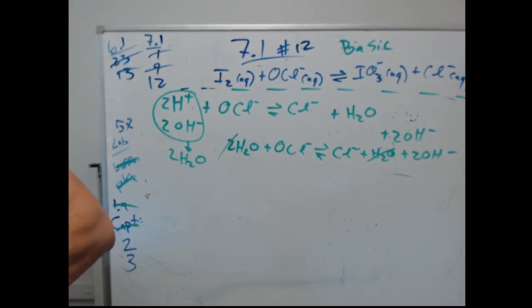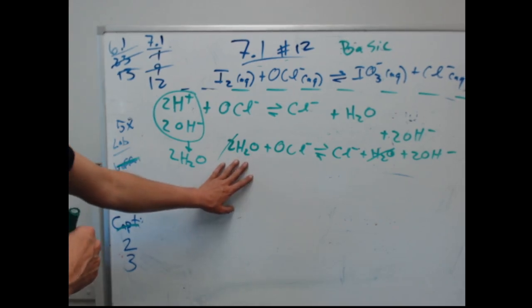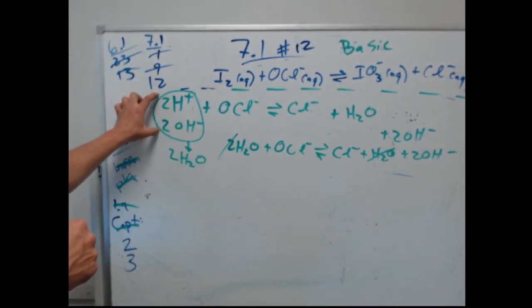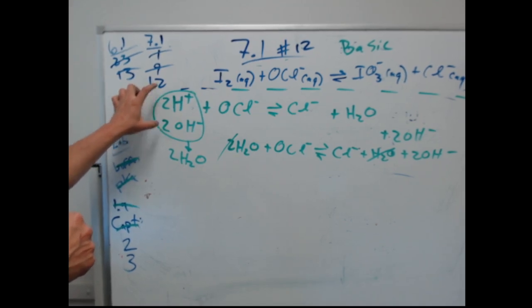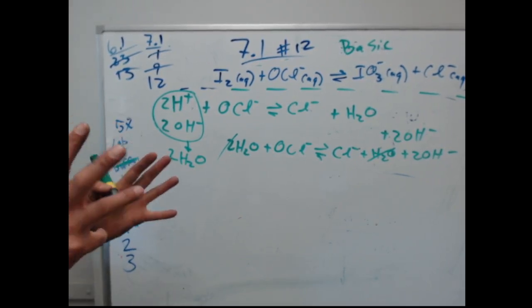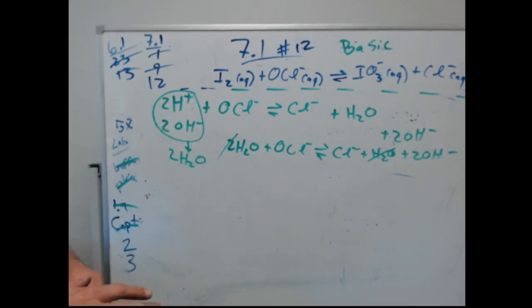But because of the way hydroxide plays a role, I actually needed 1 water on the reactant side and 2 hydroxides on the product side. I would never have guessed that if I didn't do this hydrogen hydroxide trick. It's a nice little neutralization process, so I have an easy stepwise way to figure out where the hydroxides actually go.